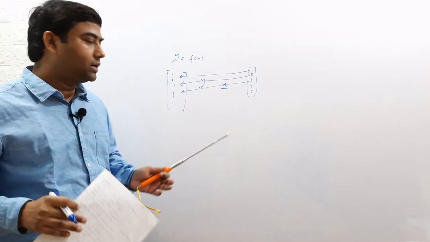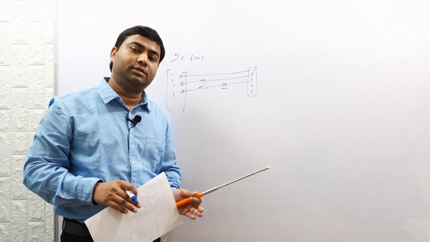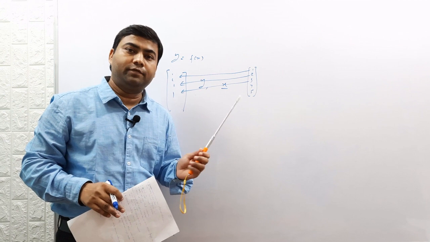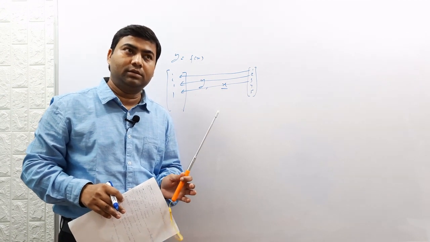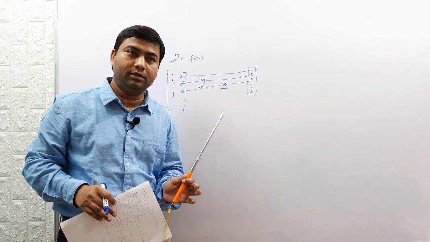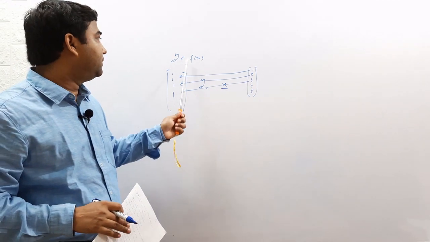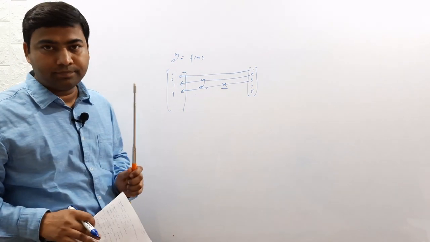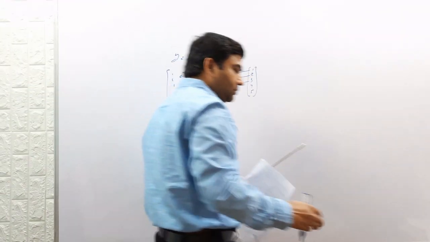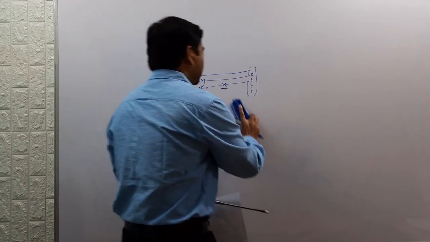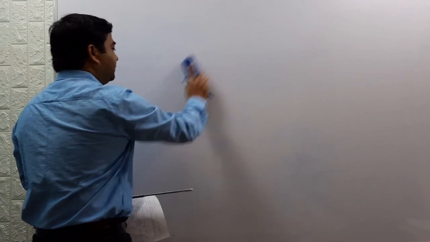That is the convention, domain and range. The group of values of the independent variable is the domain, and the group of values of the dependent variable is the range. We will discuss some other rules of functions.